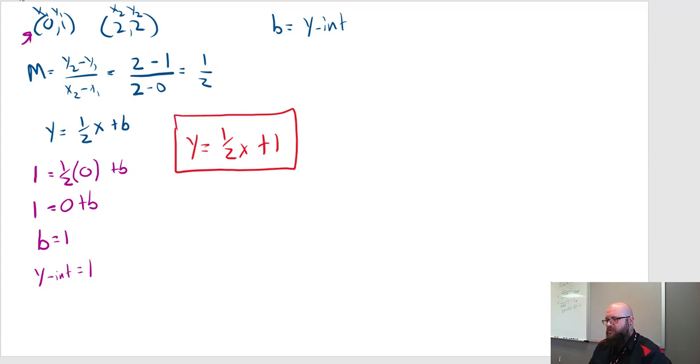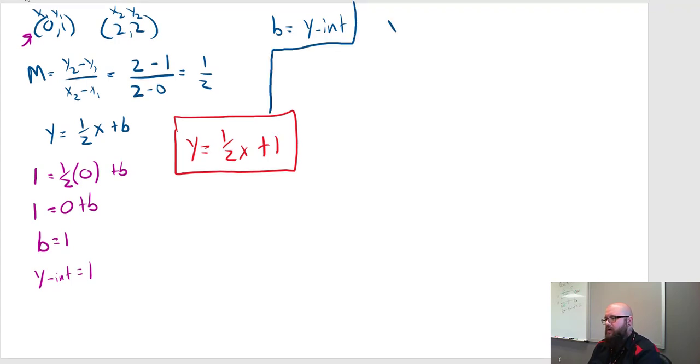If we were to look at some other equations, let's say we had y equals 3x minus 5. If we were asked to determine our slope and our y-intercept, just by looking at that equation we should be able to determine that without doing anything.